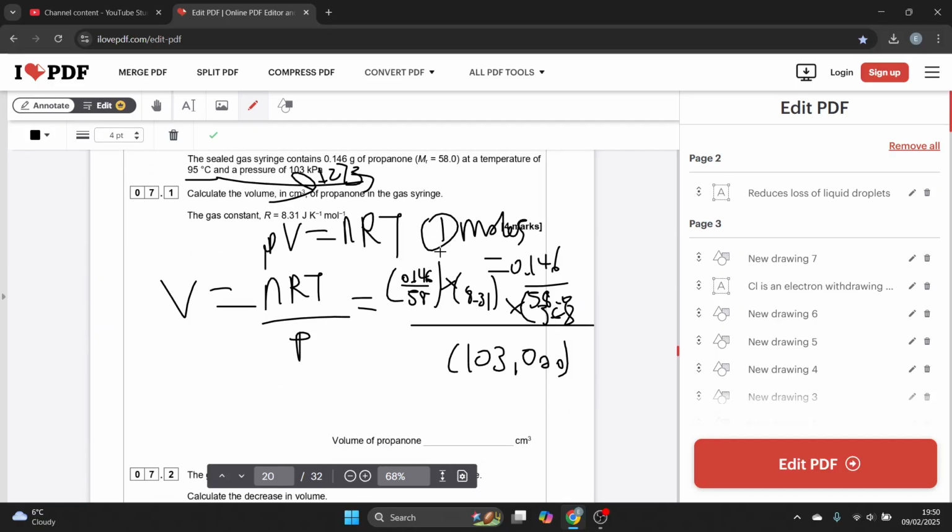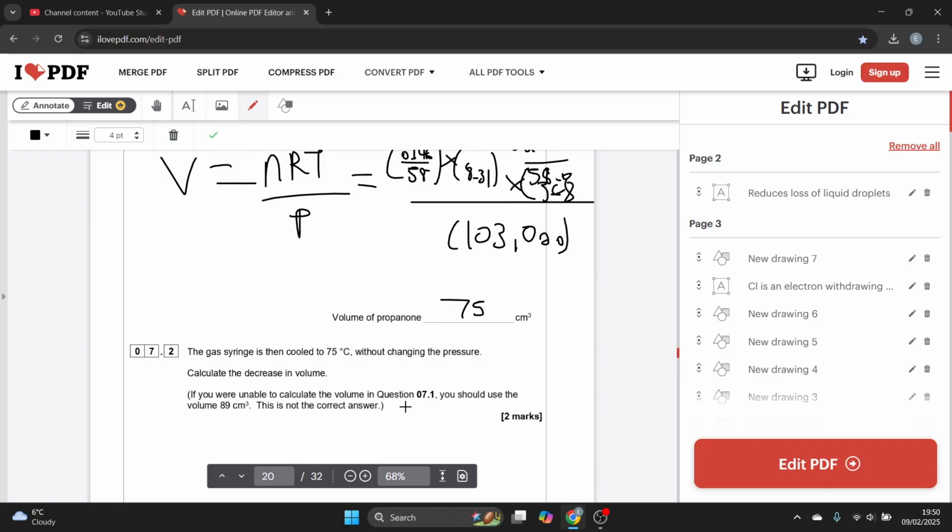So first things first, let's work out the volume. 0.146 divided by 58.0, times by 8.31, times by 368. I'll just say 95 plus 273 in case I wrote it wrong. Over 103,000, and then times by 10 to the power 6, times by a million, and I should get 75 centimeters cubed.